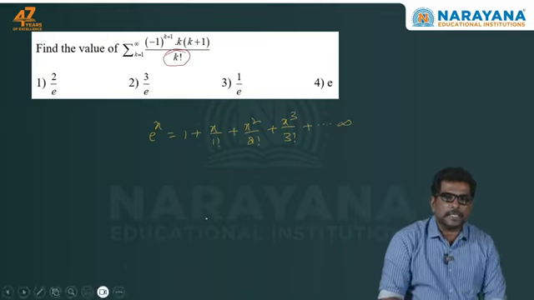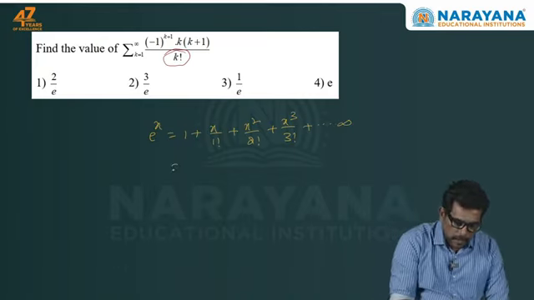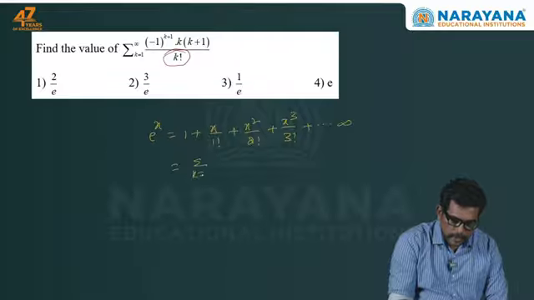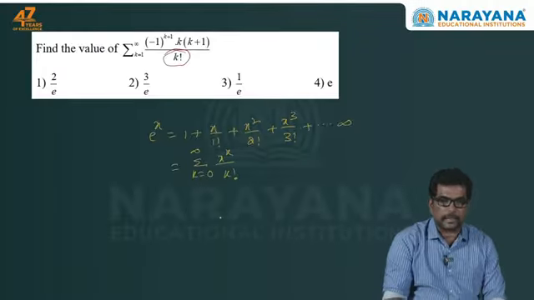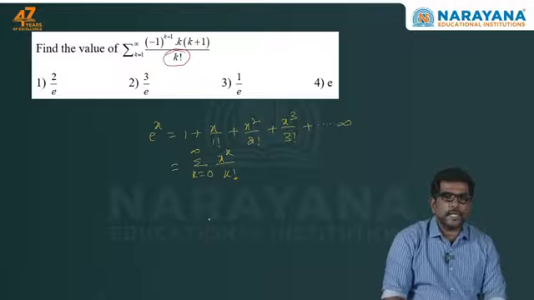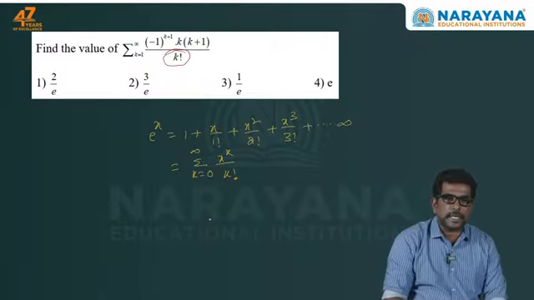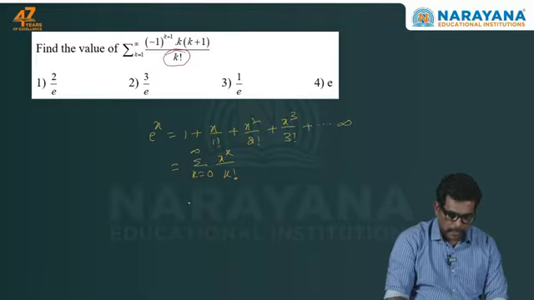This is the exponential series. Now the compact form of this is equal to summation k is equal to 0 to infinite x to the power of k upon k factorial.